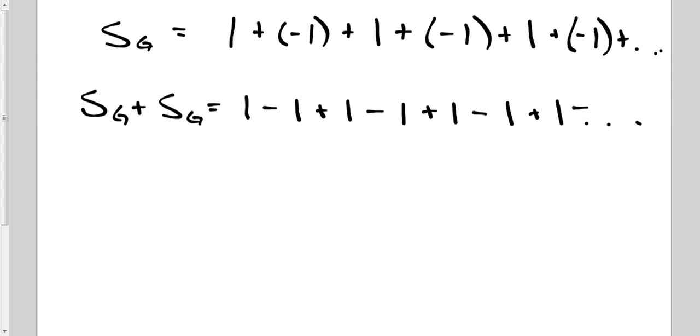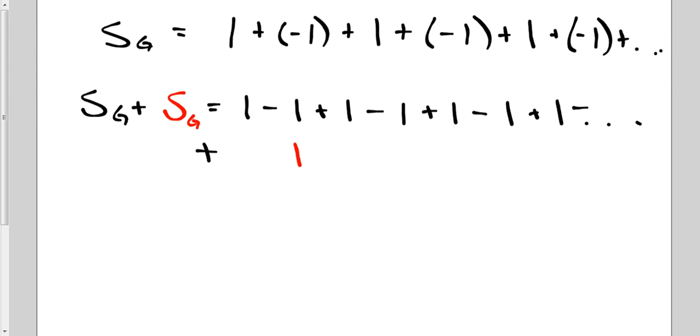We're going to do the same kind of thing, except I'm going to write this S sub G in red. And I'm going to add S sub G vertically to this S sub G. And remember, it's in red. But now, instead of writing them lined up perfectly, I'm going to stagger it.